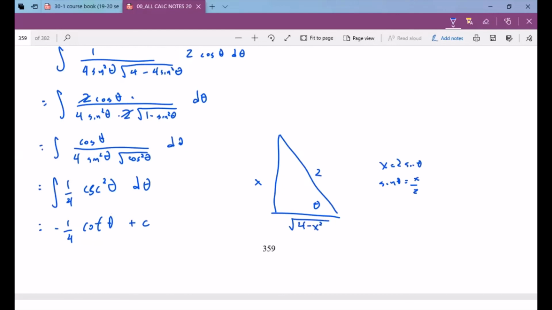Therefore, the result is negative the square root of 4 minus x squared all over 4x.